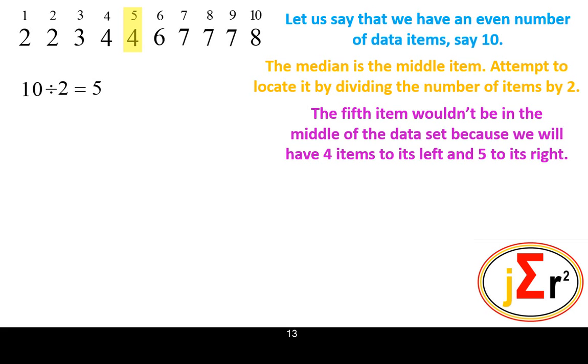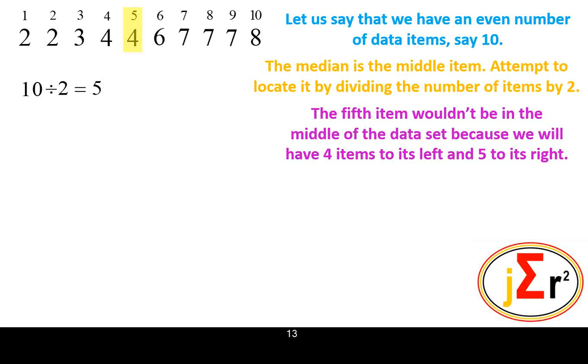Although we divided 10 by 2 and the result is 5, the 5th item is not in the middle. How do we know? Because as we see there, we have 4 items to the left of the 5th item, and 5 items to the right of the 5th item.